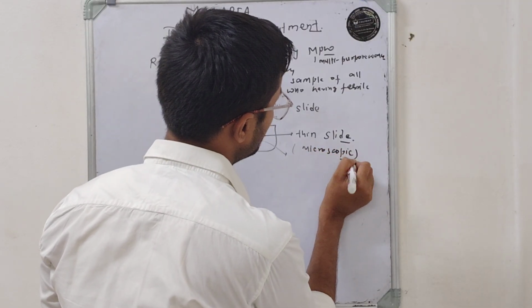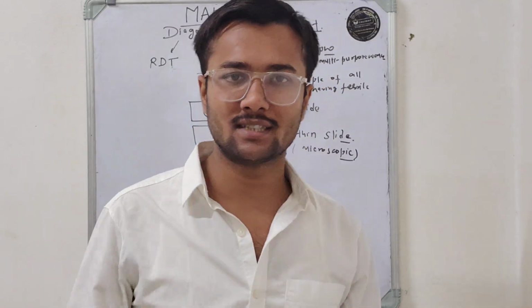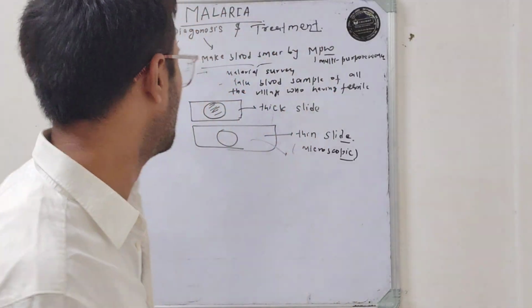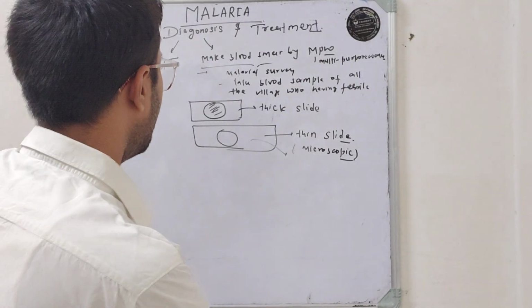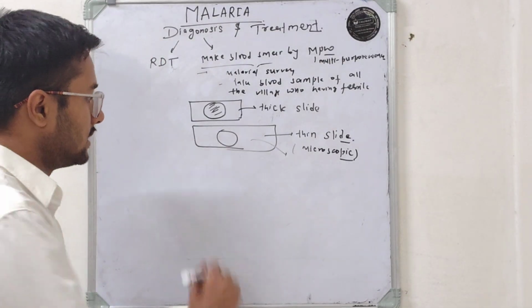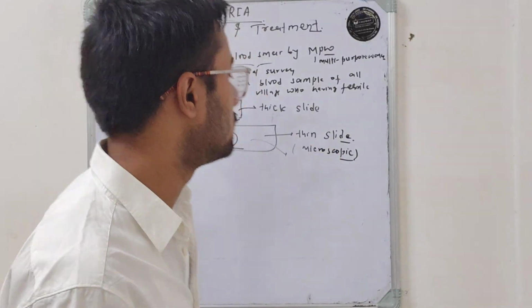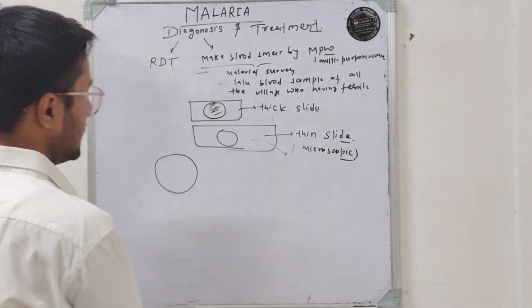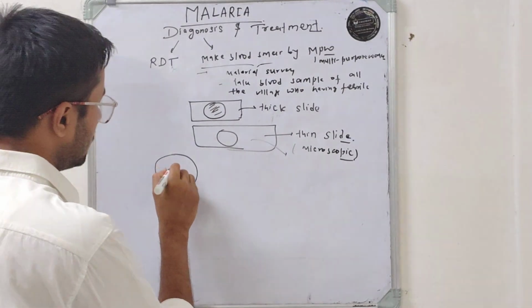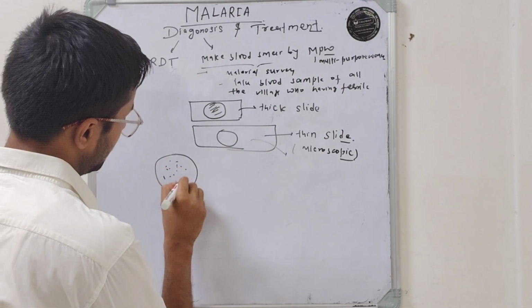What is the meaning of microscopic study? Microscopic study means observing things under the microscope. So what does this multi-purpose worker do? After making slides, they observe the slide under the microscope.